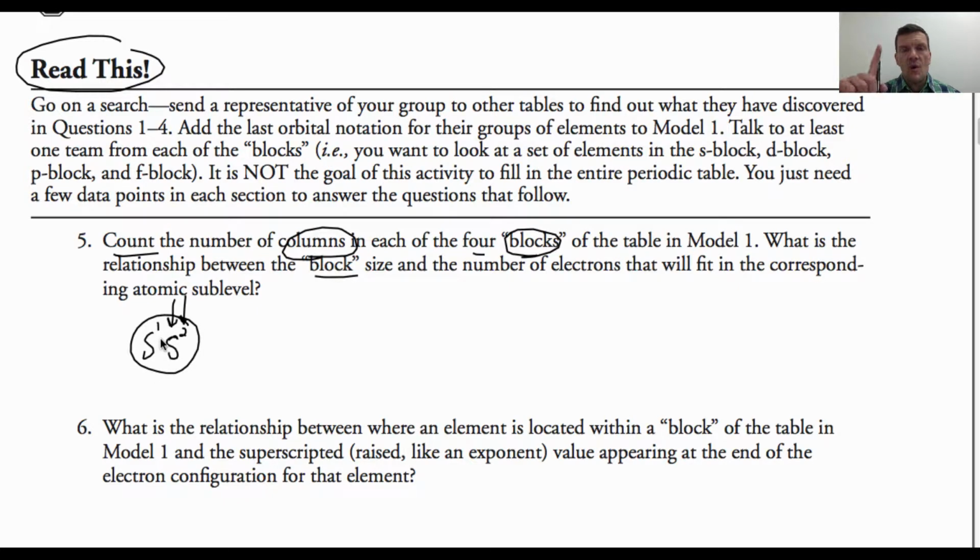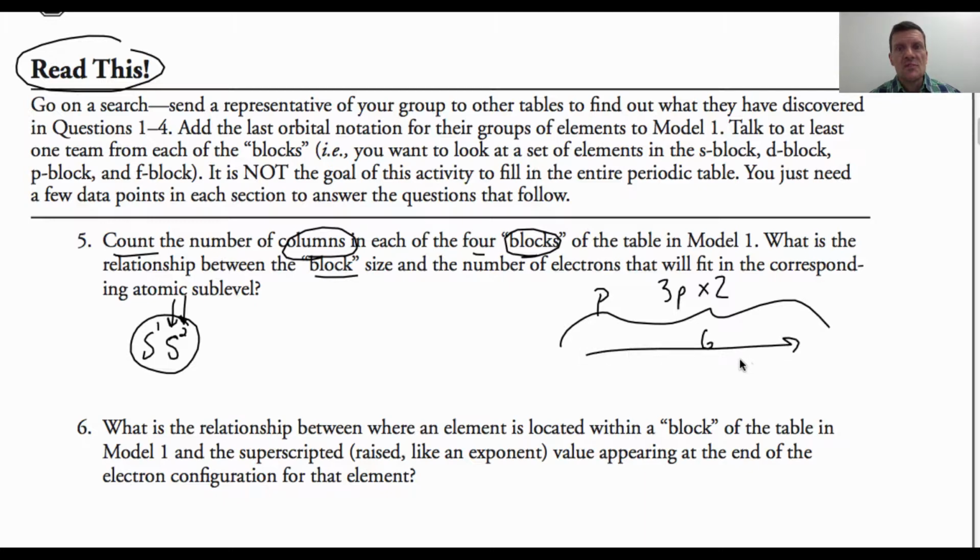S has one S orbital per energy level, a maximum of 2 electrons in there. Then you've got the P block, you've got 3 P orbitals, each having 2 electrons maximum. That's why you've got 6 columns across in your P block.